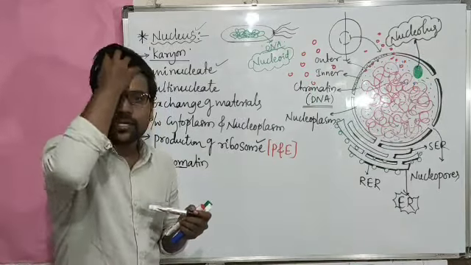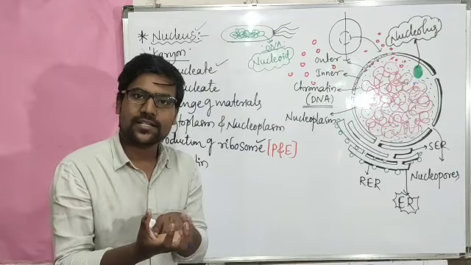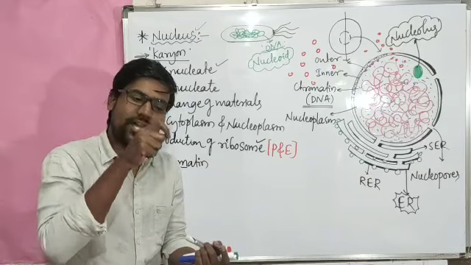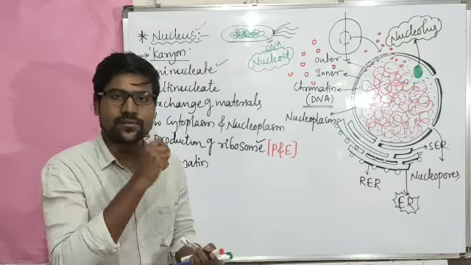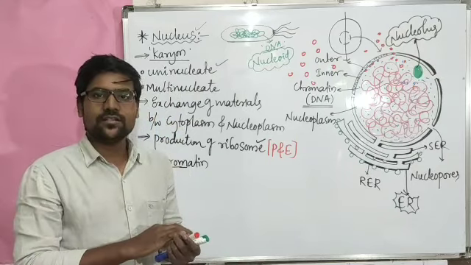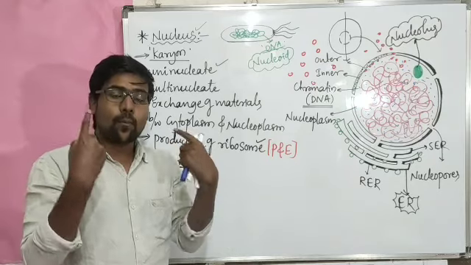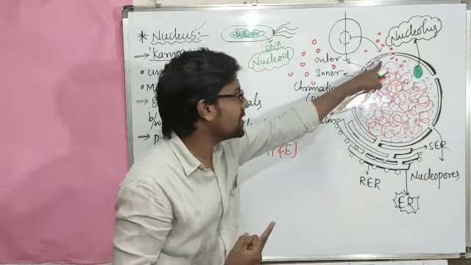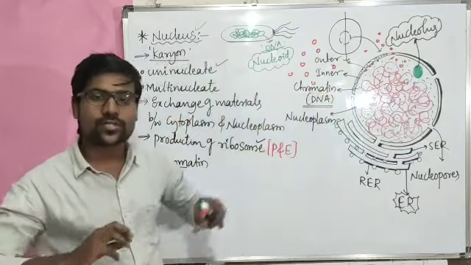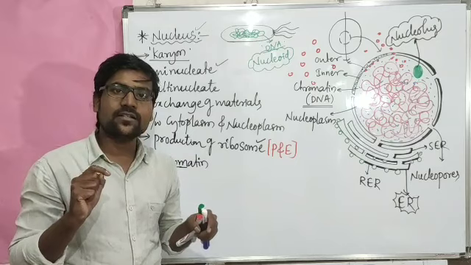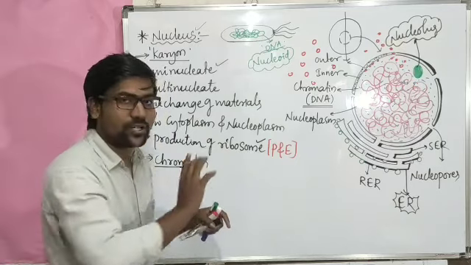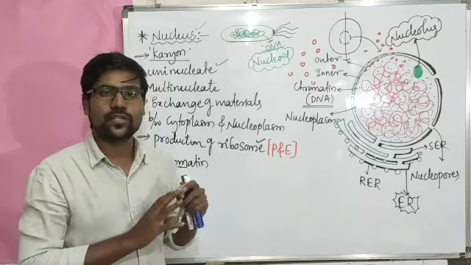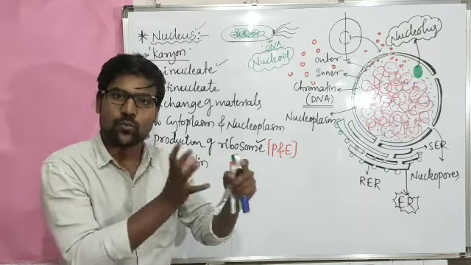For example, if I want to stain a cell and see it under a microscope, I need to add some drops of stain. After adding the stain, the cell will absorb it. Mostly the nucleus will absorb more stain; in the nucleus, this thread-like structure absorbs more stain. Because of that reason, the scientist who first observed that portion called it a color body, chromosome. Zome means body, chroma means color: chromosome.